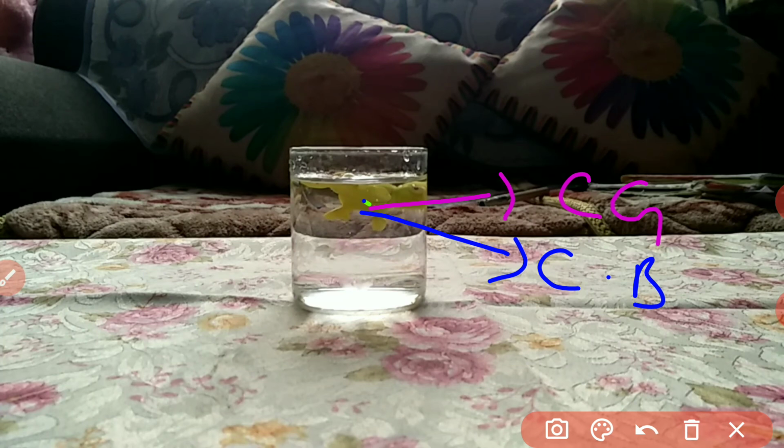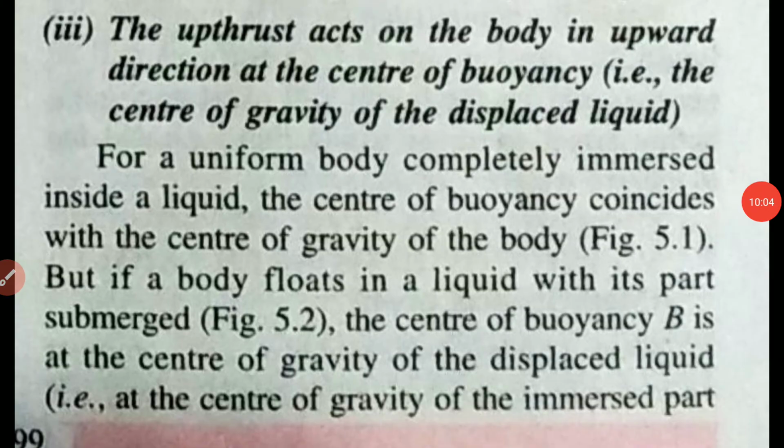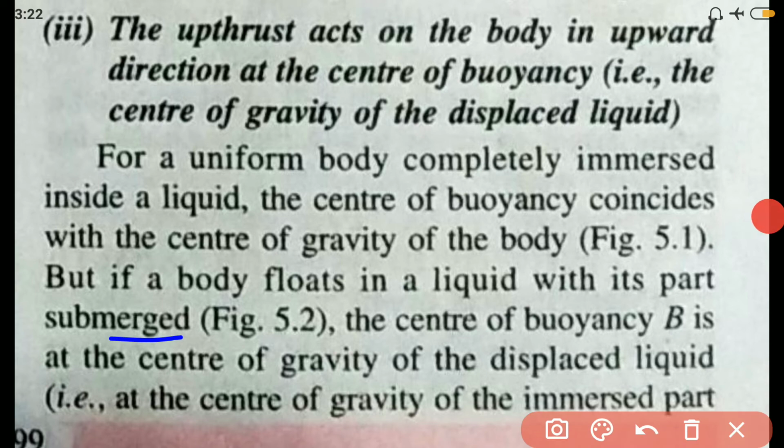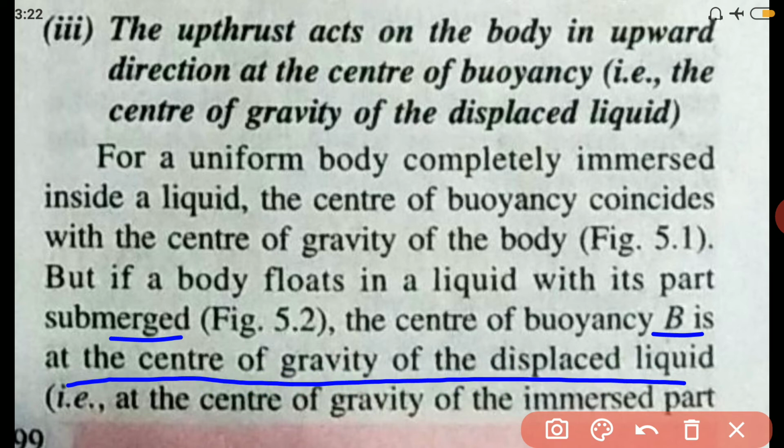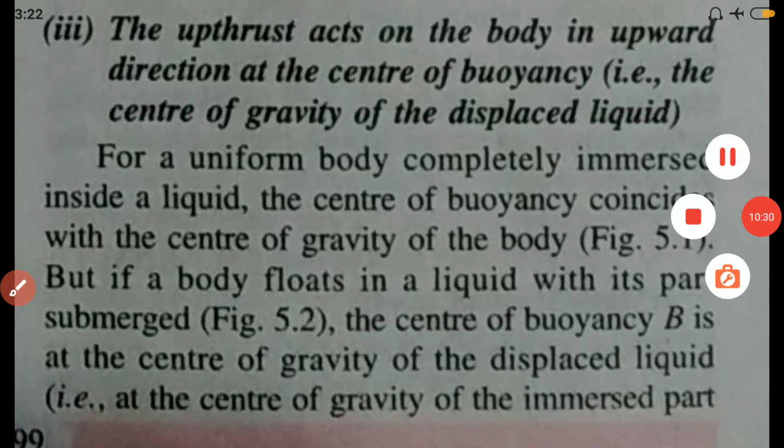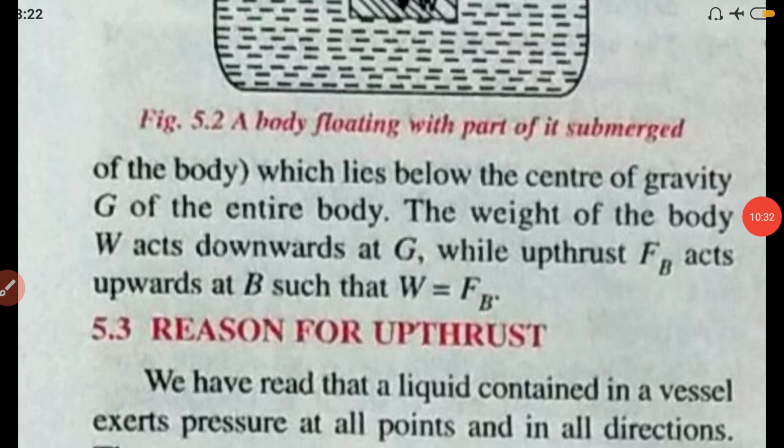Now let us try to understand the next line, which says: but if a body floats in a liquid with its part submerged, the center of buoyancy B is at the center of gravity of the displaced liquid, that is, the center of gravity of the immersed part of the body, which lies below the center of gravity G of the entire body.